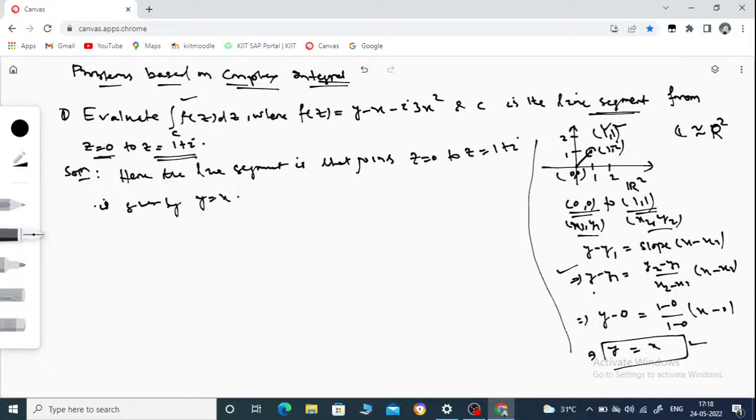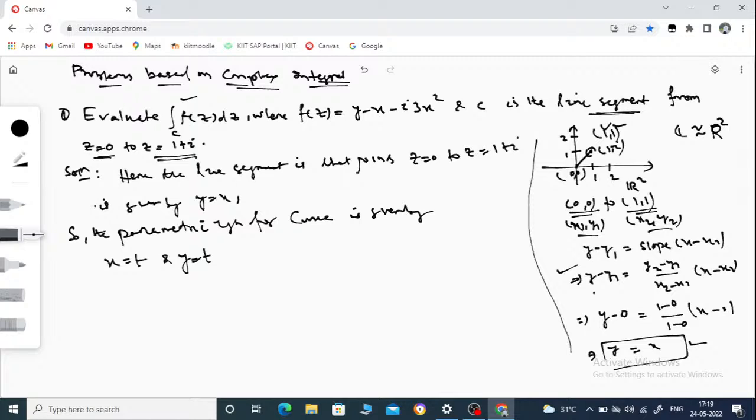And since y is equal to x, what will be the single parameter? If I convert this into a single parameter t, I can write the parametric equation for curve C as x is equal to t and y is equal to t.